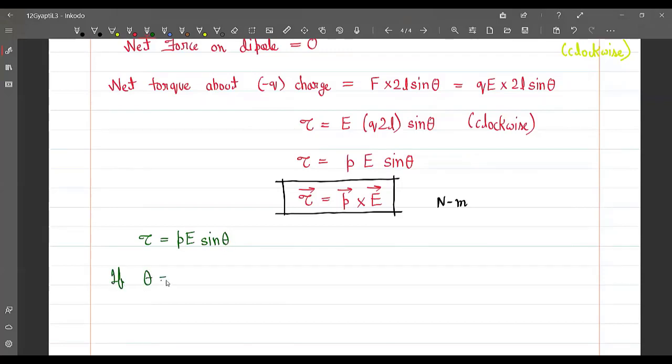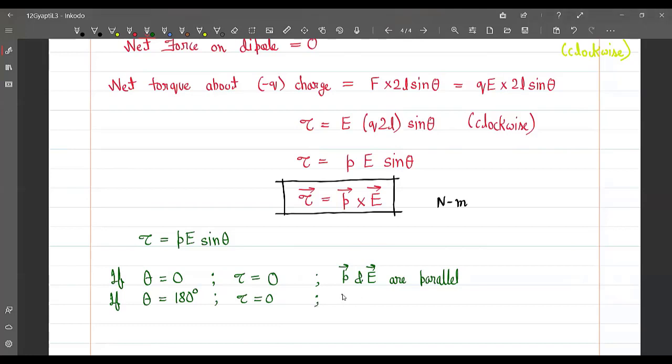So if theta is equal to 0, torque will be equal to 0. If the direction of the dipole moment is the same as the electric field, then torque is 0. If theta is 180 degrees, then also torque is 0. Here, in this case, the dipole moment and electric field are parallel. While in this case, the dipole moment and the electric field are antiparallel.